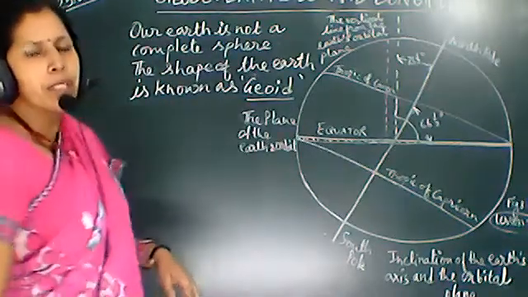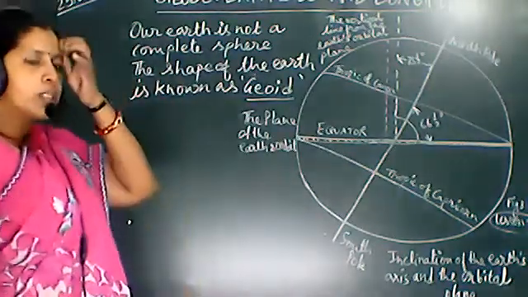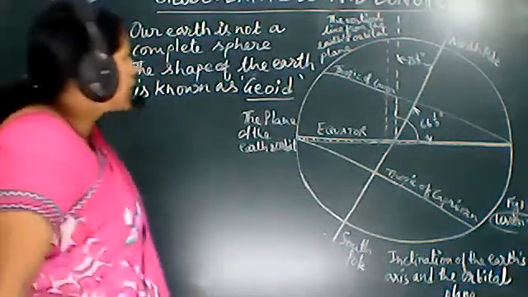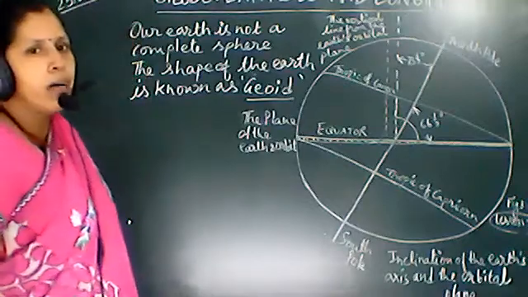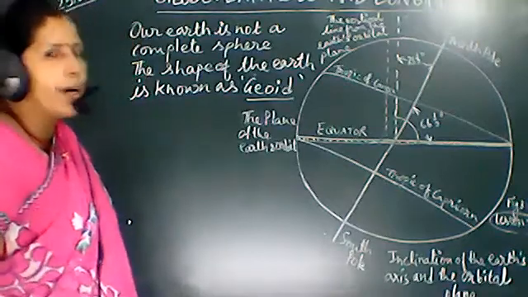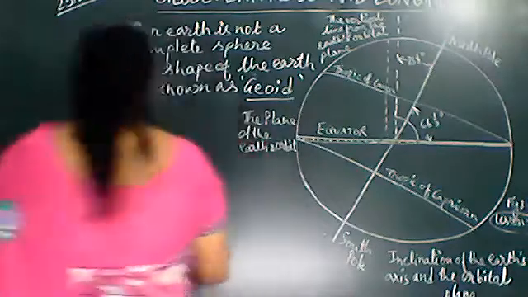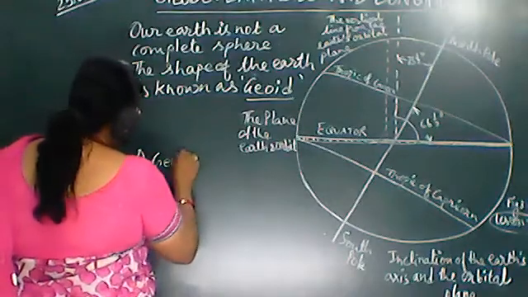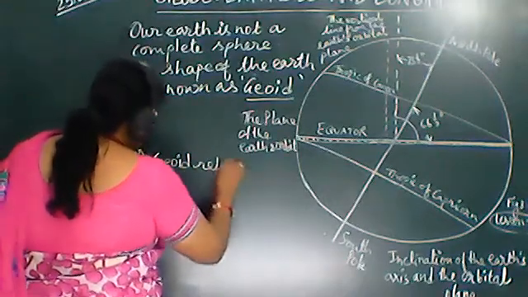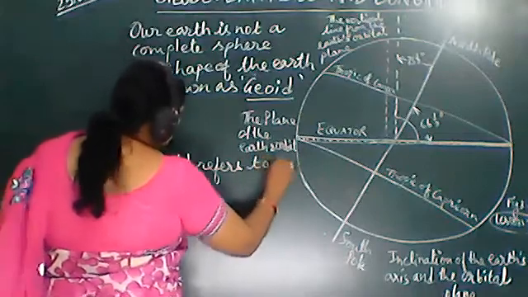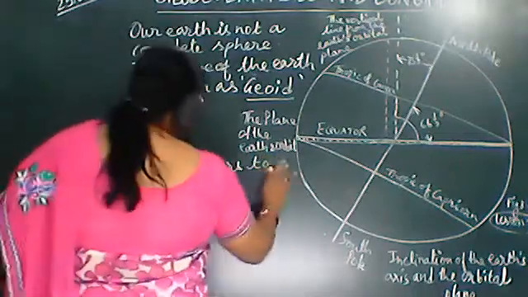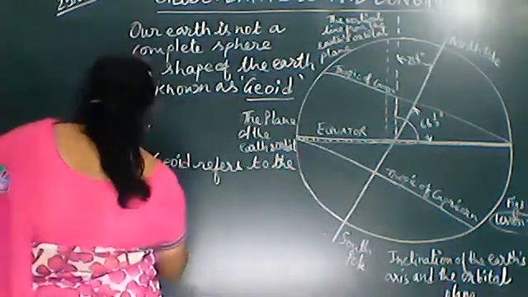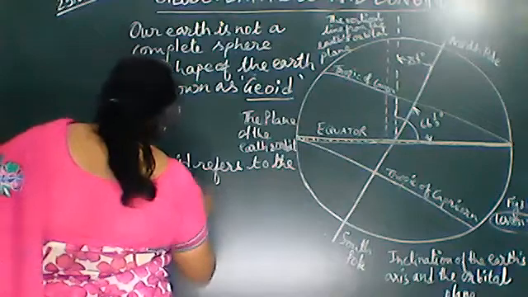Now what does the word geoid mean? Our Earth is not a complete sphere; the shape of the Earth is known as geoid. A geoid refers to the shape of the Earth.